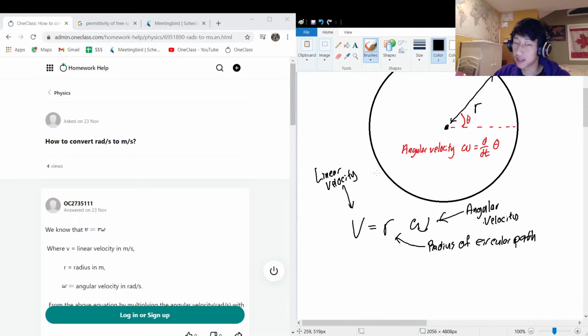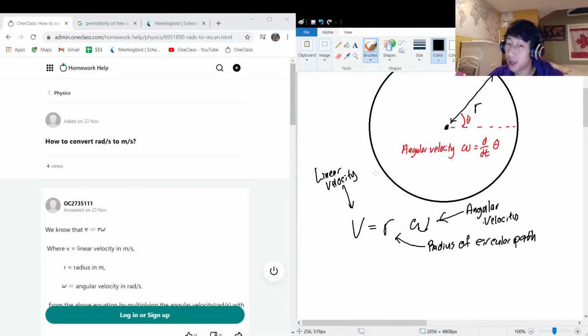And it makes sense. Let's say you have a constant angular velocity. At a small radius, you'll have a small linear velocity because you're going one loop per second. If the loop has a circumference of 1 kilometer, that's a small linear velocity.